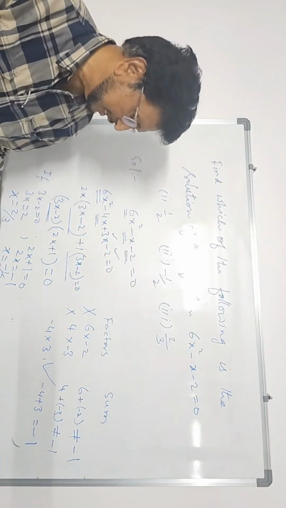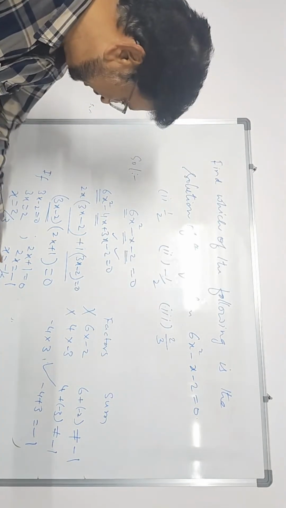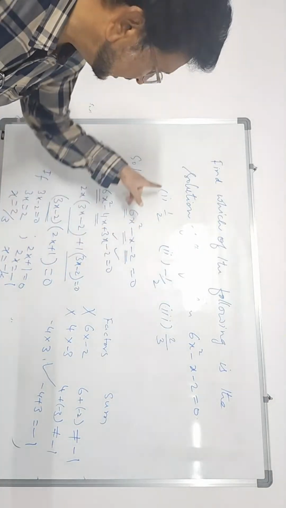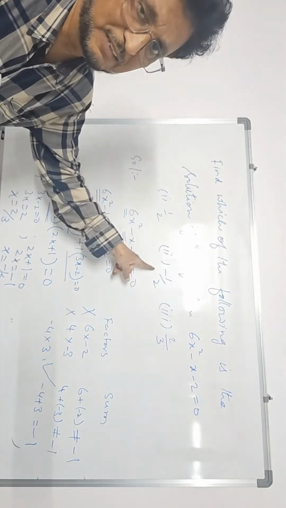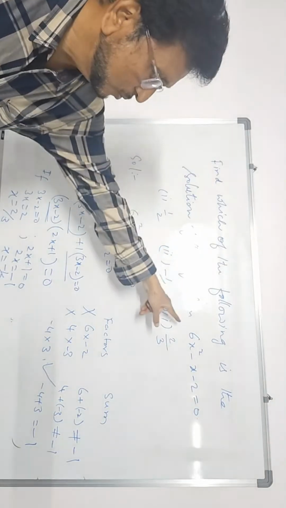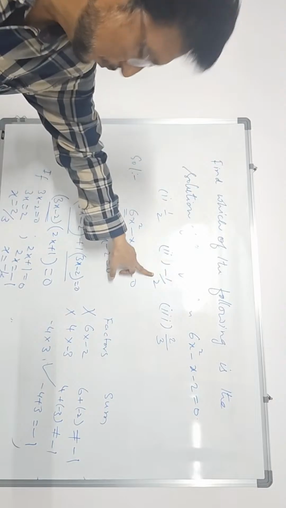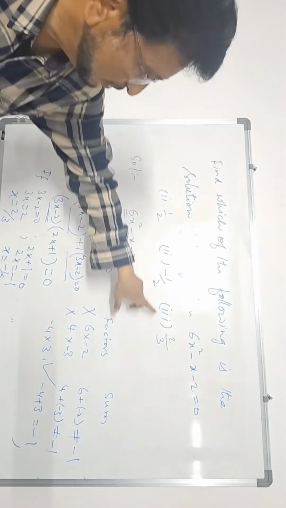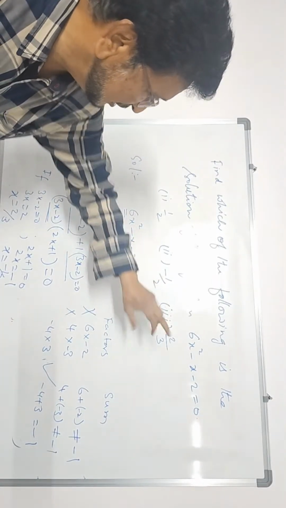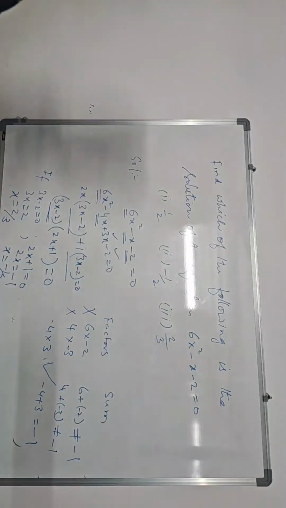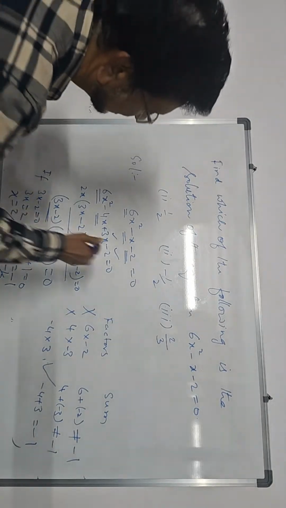This is the other value of x. Out of these two values, which value has been given as answer? This is given as answer. Means one of the roots of this equation is minus 1 by 2. 2 by 3 also is a root. Two roots we are having here, 2 by 3 and minus 1 by 2. Two solutions.